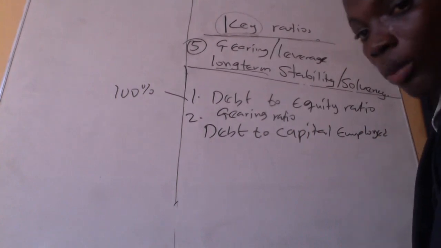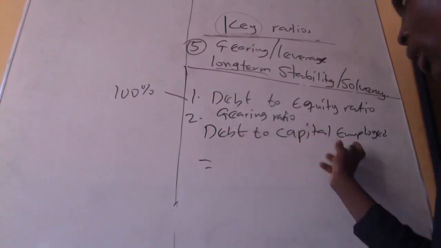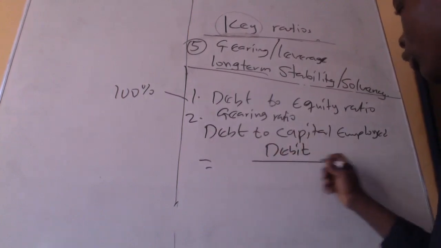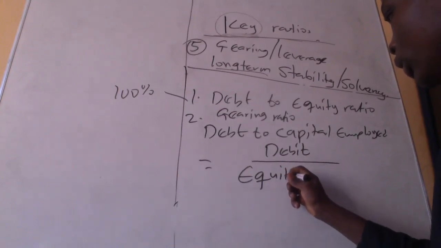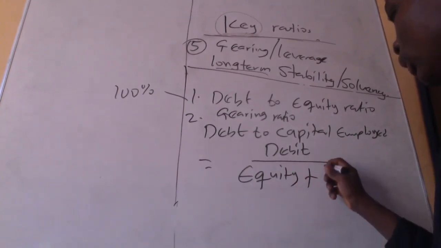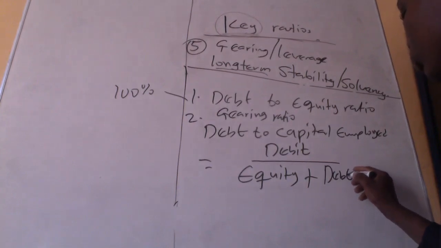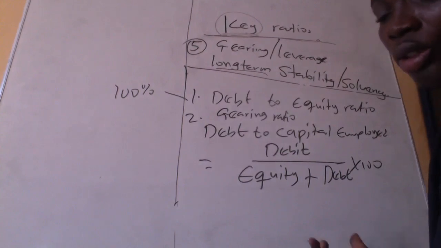Debt to capital employed. Now, what do you think will be the formula? It should be debt over equity plus debt, that's the capital employed, times 100.